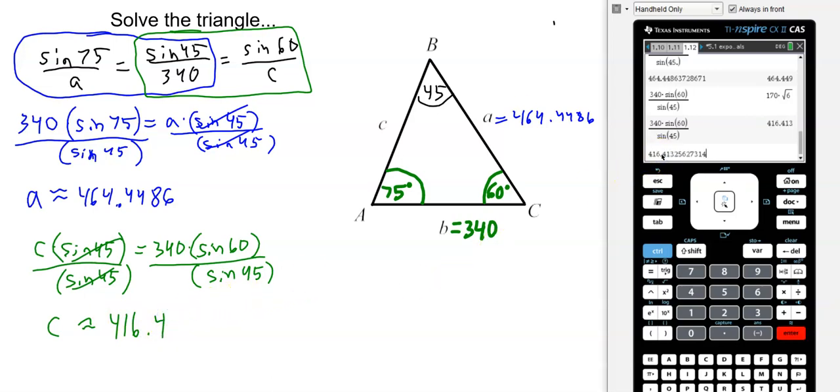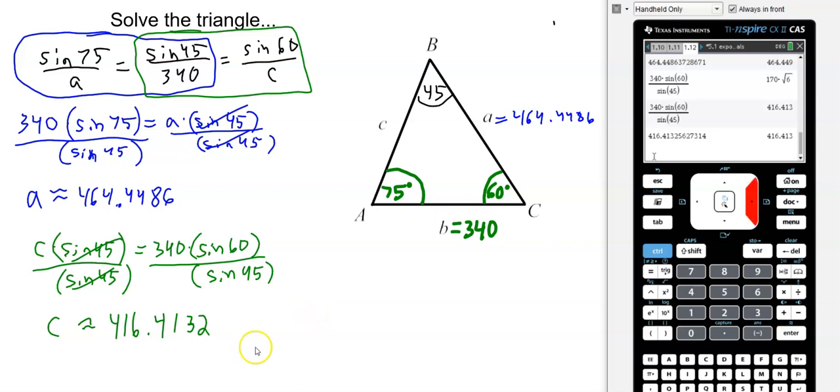Let's go up one decimal place, 4132. 4132 would be the way to get that. Just in this chapter, I want you to take it out 4 decimal places. And so we've got all the sides and all the angles. We have solved the triangle. Let's try another one.